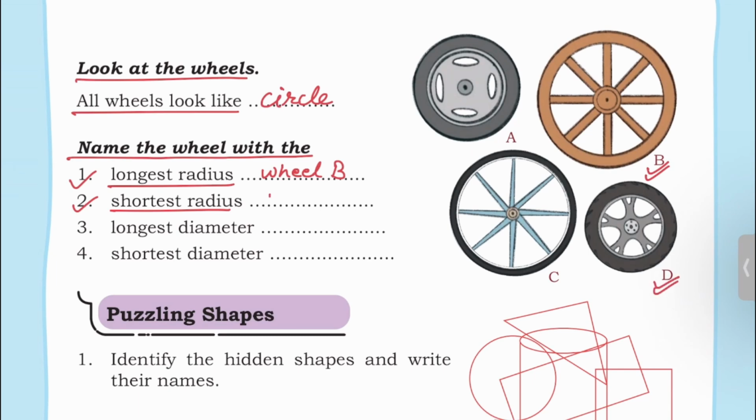Wheel D. 3. Longest diameter. The longest diameter can be seen in the wheel with the longest radius, that is wheel B. 4. Shortest diameter. The shortest diameter can be seen in the wheel with the shortest radius, that is wheel D.